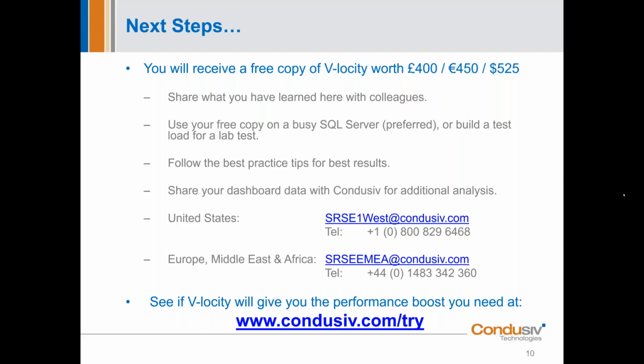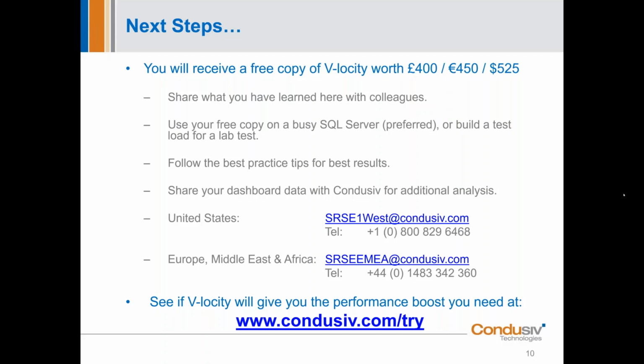Now, Nuno says, is the copy for one Windows system only? Yes, the NFR copy, or not for resale copy, that we're going to provide you is for one machine. So it's one virtual machine or one physical server, and that's yours to keep. You can keep that running for as long as you want.